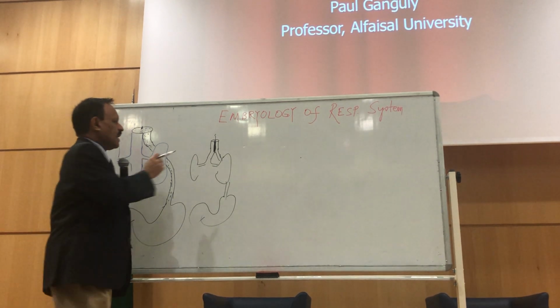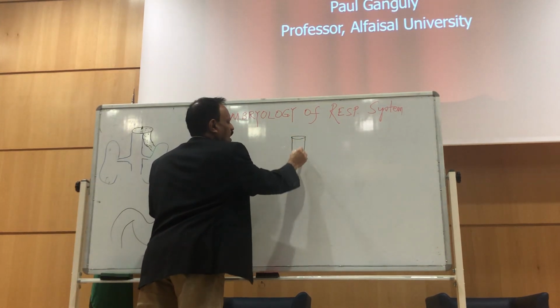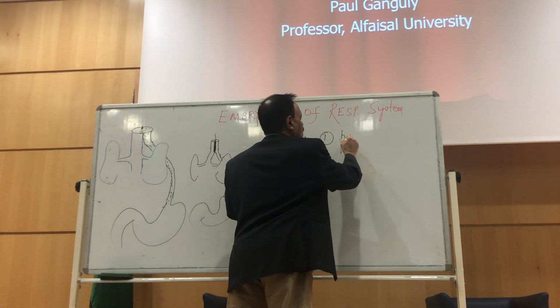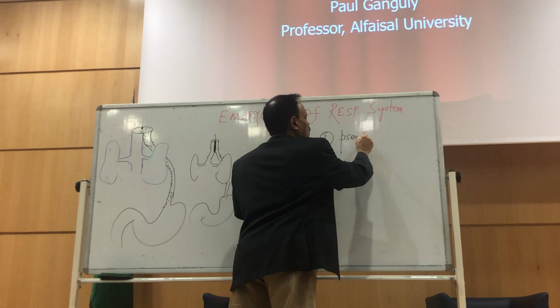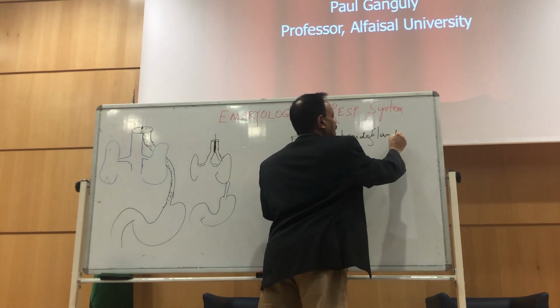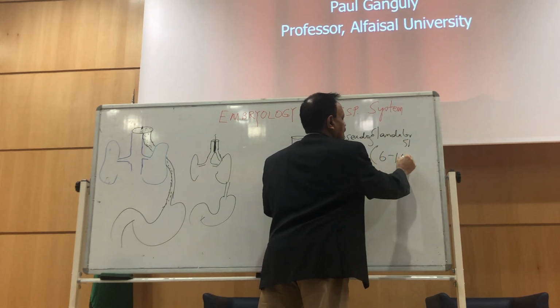Then, as I said, initially this one was looking like this. We call it 4 stages. Remember, the first stage is called the pseudoglandular stage. The pseudoglandular stage is between 6 to 16 weeks.